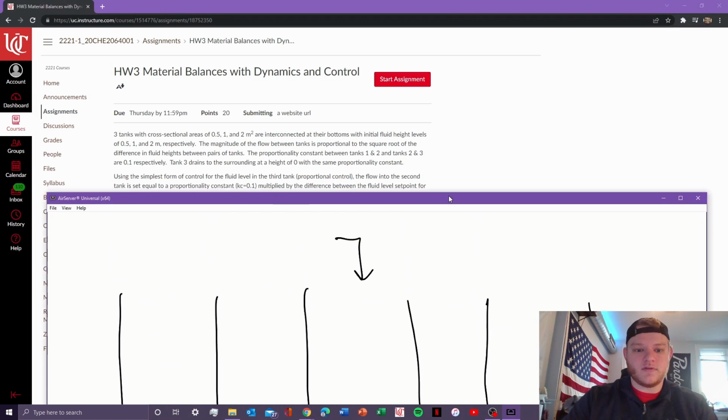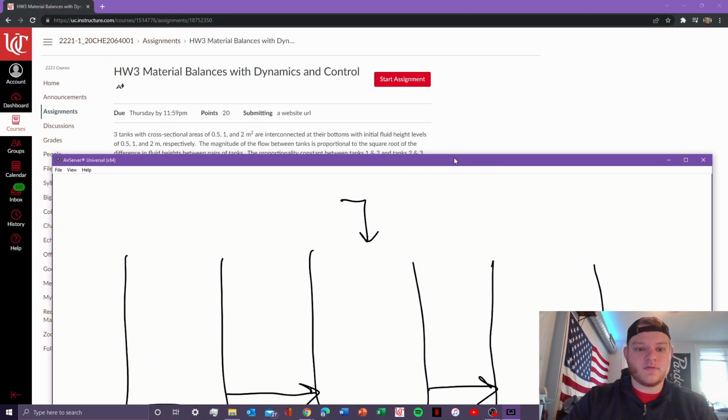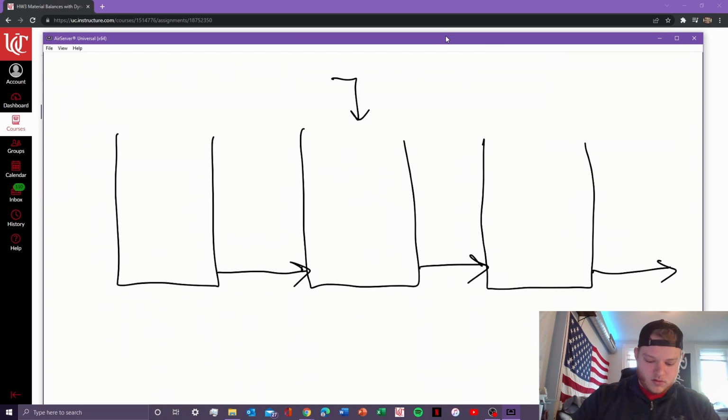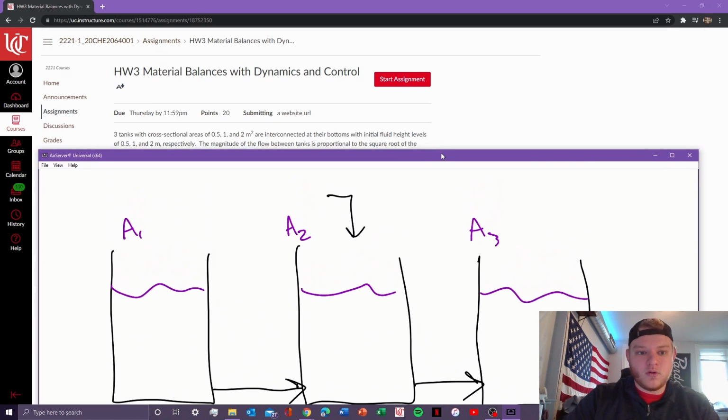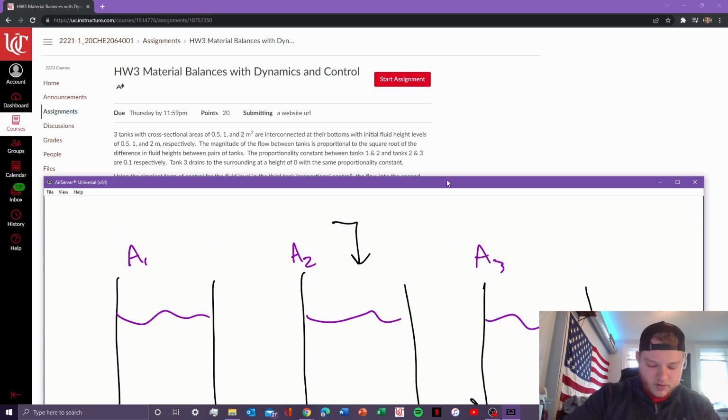If we look at the chart, we see we have 3 tanks with cross-sectional areas: cross-sectional area of 1, cross-sectional area of 2, and cross-sectional area of 3. We see that those are 0.5, 1, and 2.